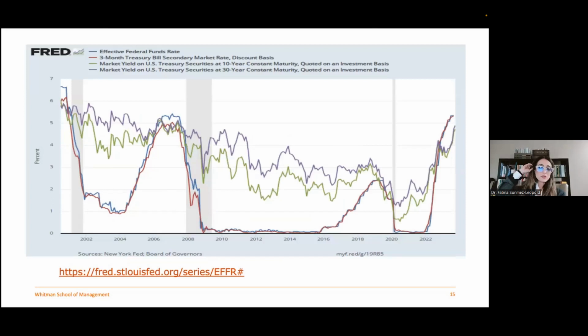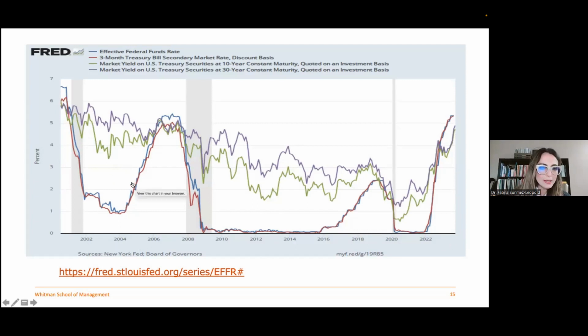I think this picture is really important, because it summarizes everything I just said about short term versus long term. If you look at this picture, this is over time, from 2002 to 2023, which is up to this year.